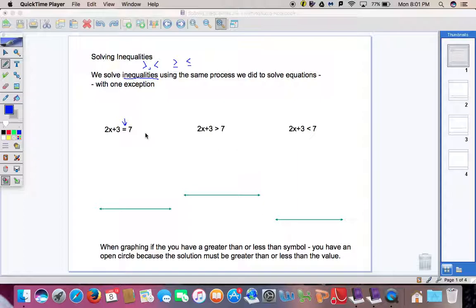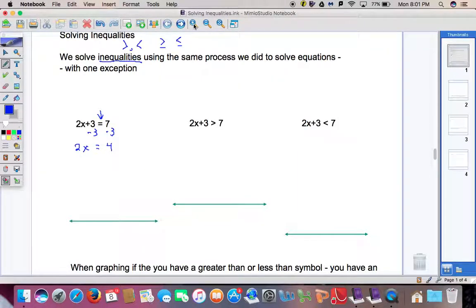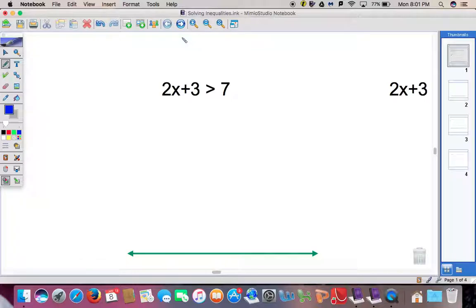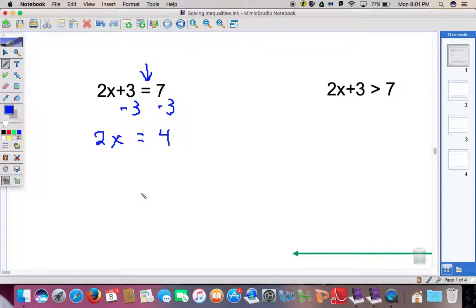So if we wanted to solve 2x plus 3 equals 7, our first step would be to subtract 3 from each side. And when we subtract 3 from each side, we have 2x is equal to positive 4. Then we would divide both sides by 2, and we get that x equals 2.